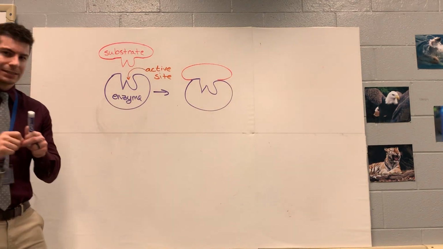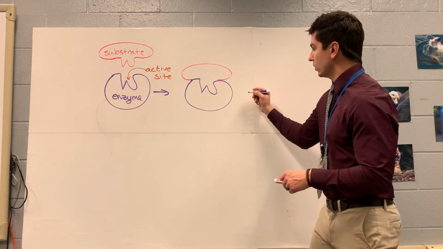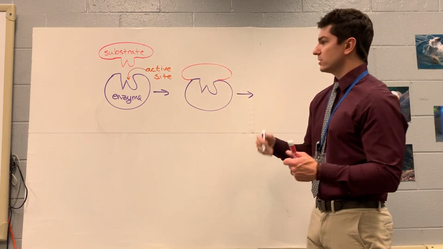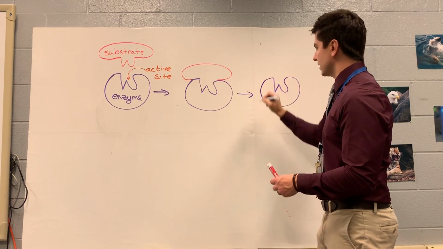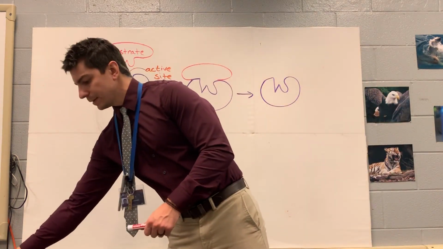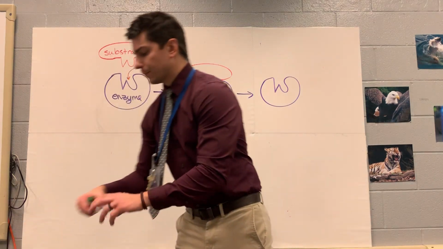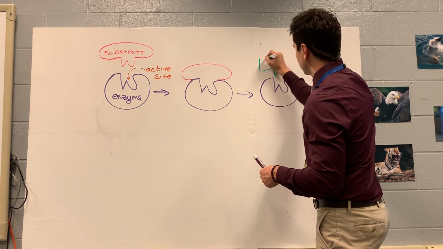And then the goal of these enzymes is to lower the amount of energy we need to break something down. So we're going to have some type of reaction occur, and in the end, after the enzyme is done doing its job, we're not going to have that nice big substrate anymore. Instead, we're going to have our products, okay?